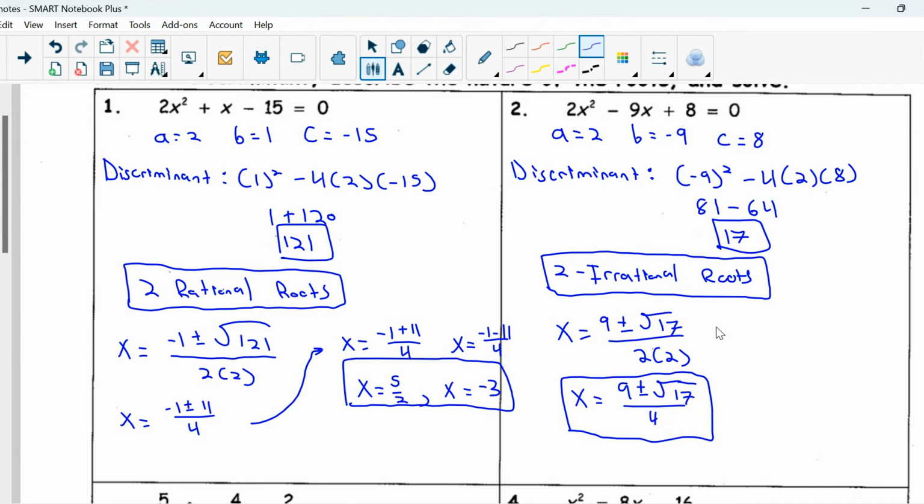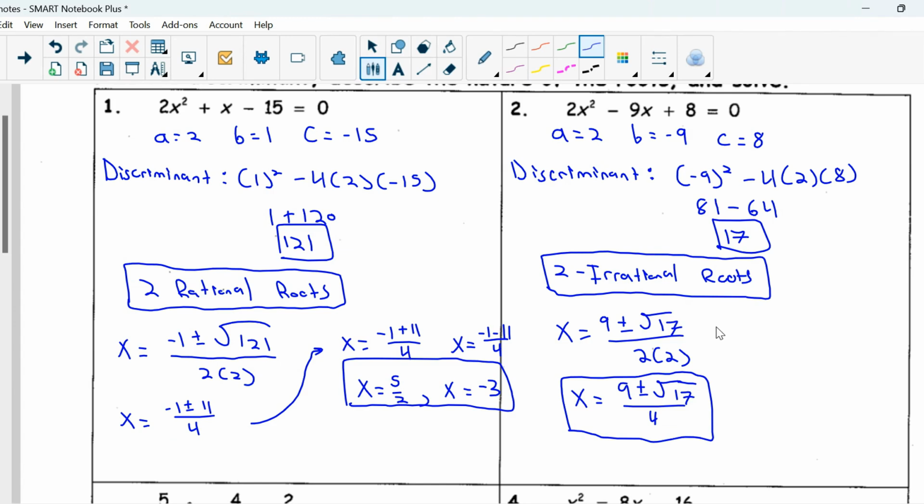So since 17 is not a perfect square, it's not going to simplify nicely as a radical. So we will leave it just like that, and that can count as our two different answers. You can also write your plus case and your minus case. Totally up to you. Either works for me. But by using the discriminant first, it actually speeds up our process of using the quadratic formula because we already know what our final solution for our roots is going to look like.